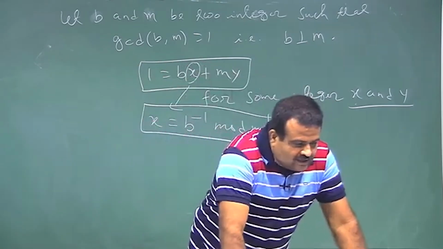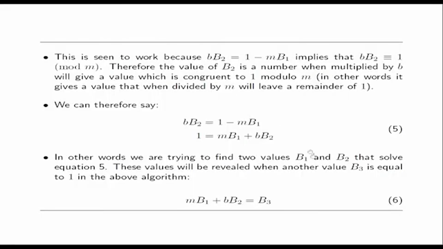Now let us see why this works. Every time we are maintaining this relationship: small b times B2 is 1 minus m times B1. So, B2 is congruent to 1 mod m, and every time we maintain that B2 is equal to 1 minus m B1.